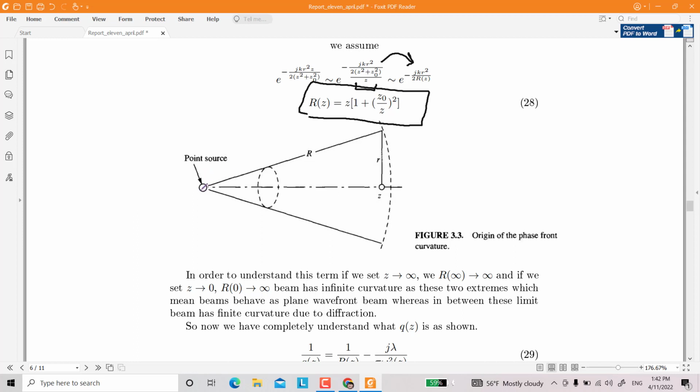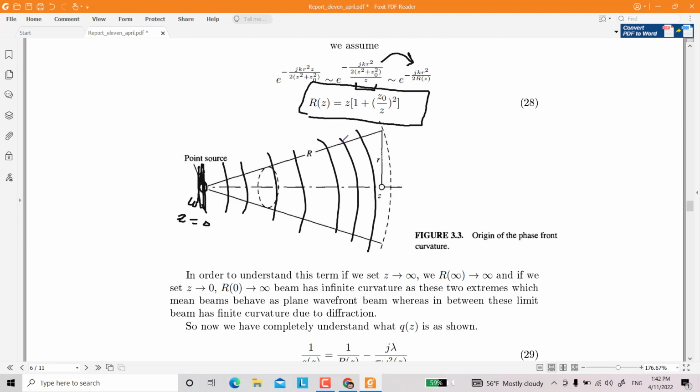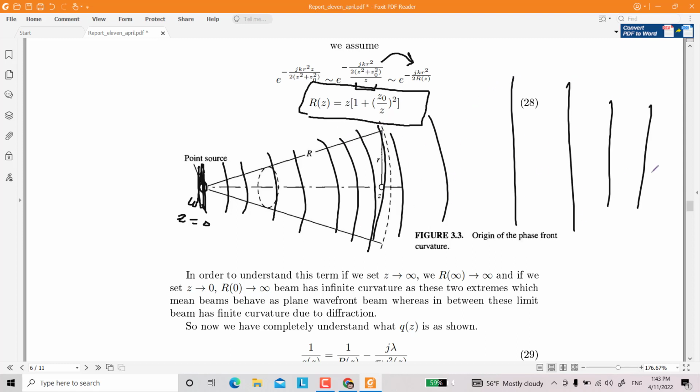Here, omega naught, z is equal to 0, the beam is plane, but as it moves it is roughly plane, but when it goes to infinity it's flat.